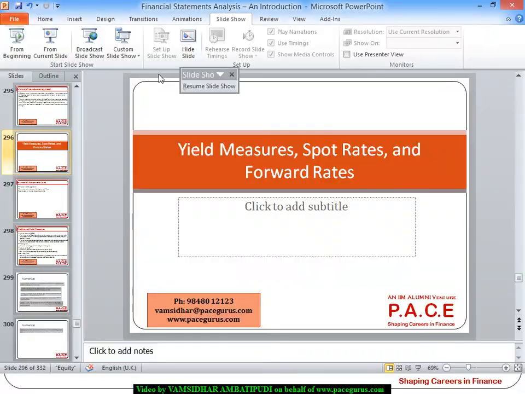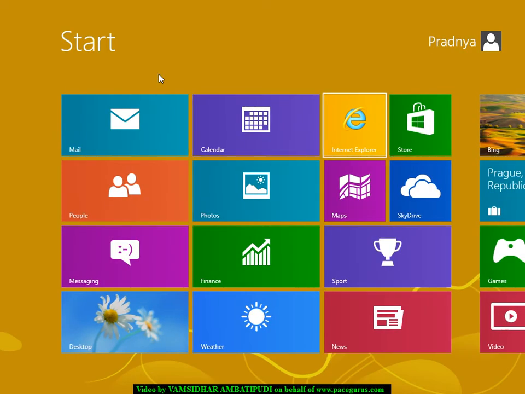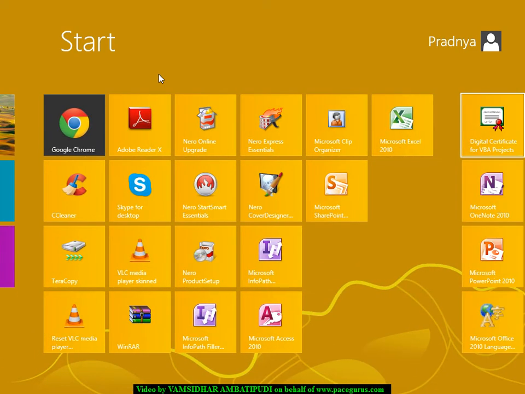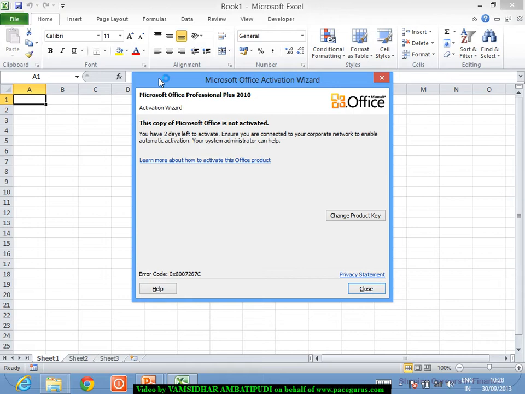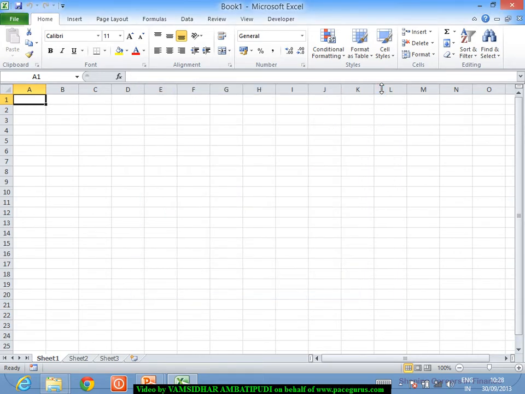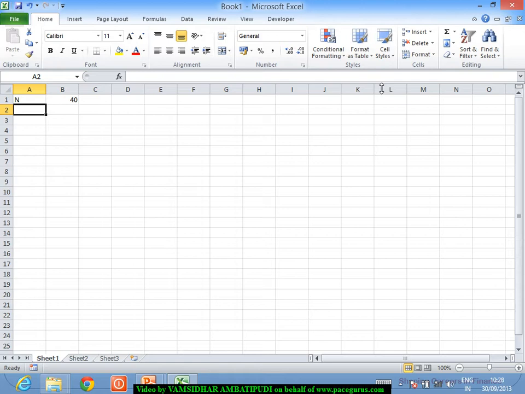Okay, I'll put up an Excel sheet. 40 semi-annual. So N for me is going to be 40. 1000 par value, so future value is going to be 1000.